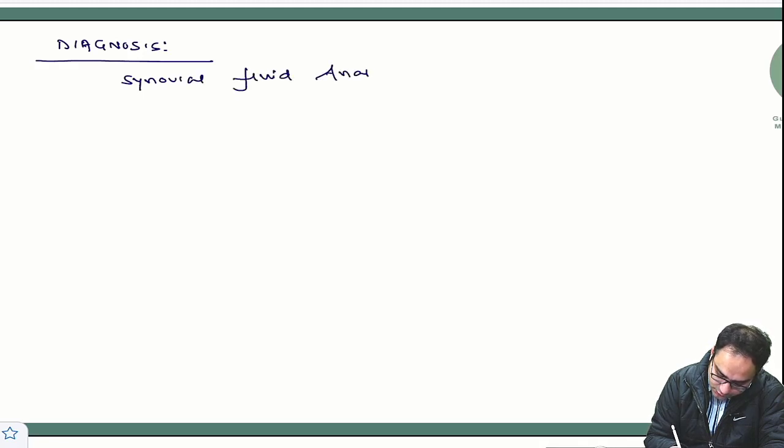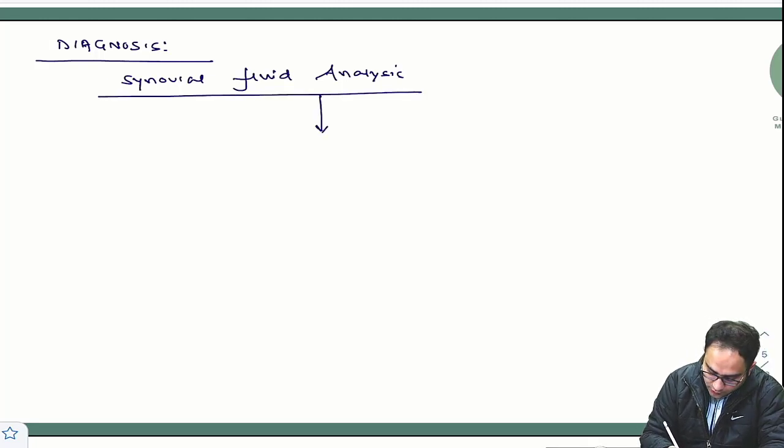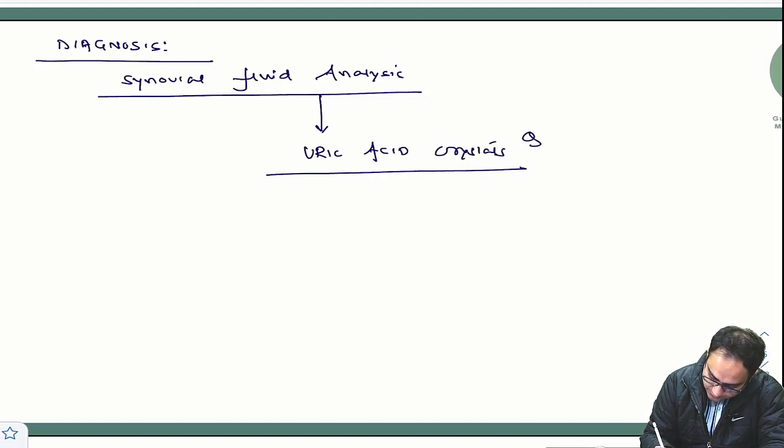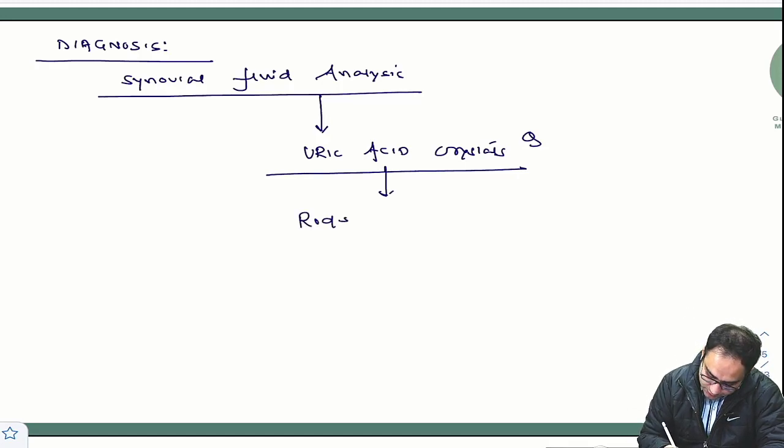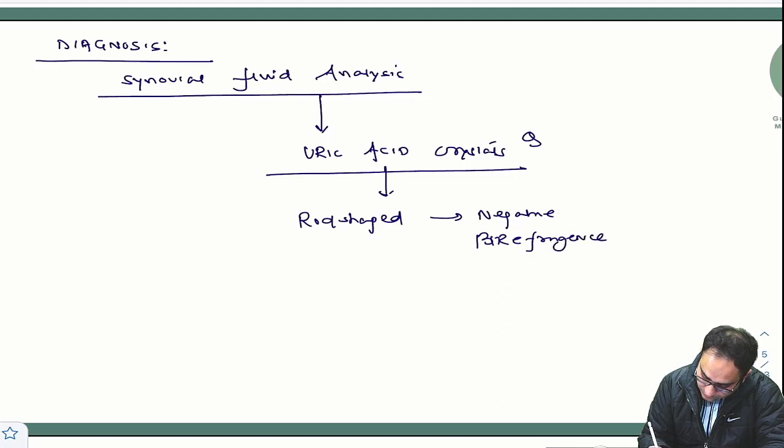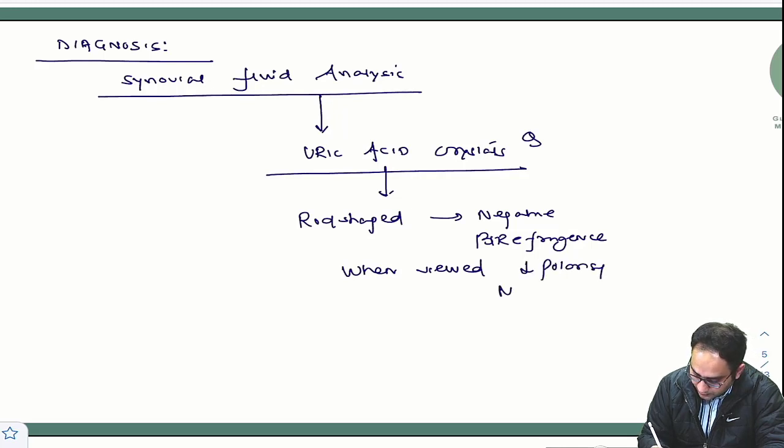For a definitive diagnosis of gout, you have to do a synovial fluid analysis and demonstrate the uric acid crystals, which are rod shaped and show negative birefringence when viewed under a polarizing microscope.